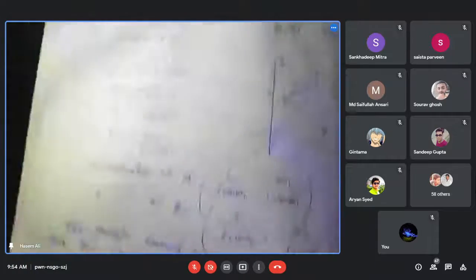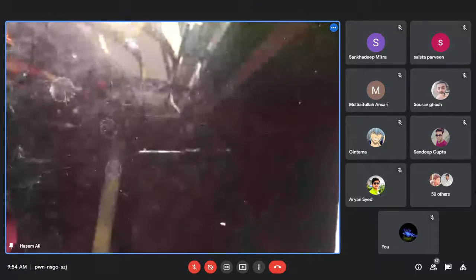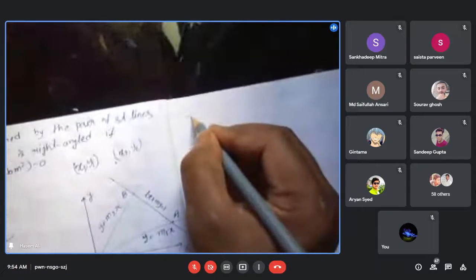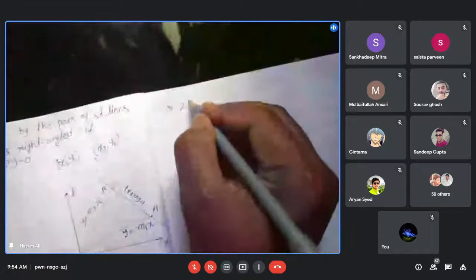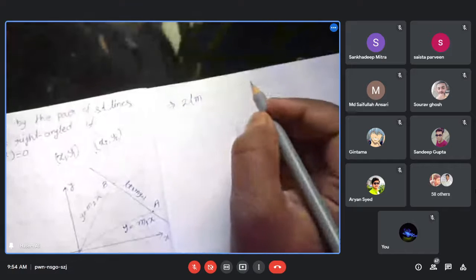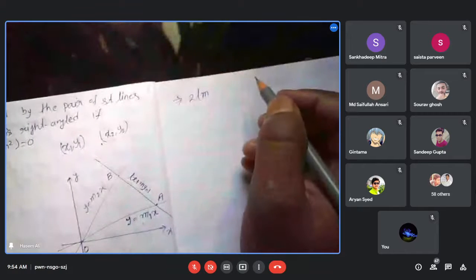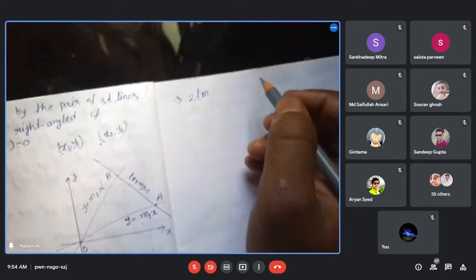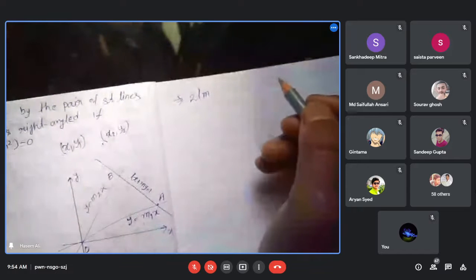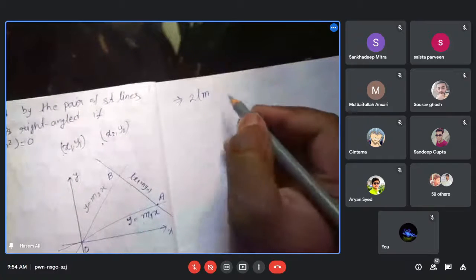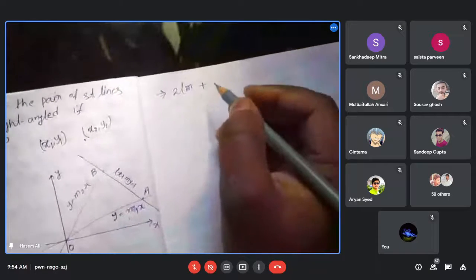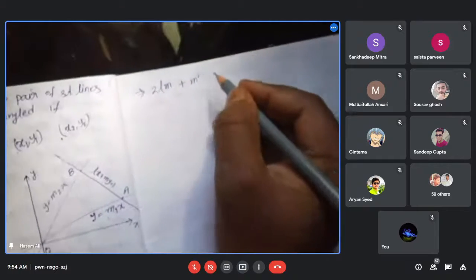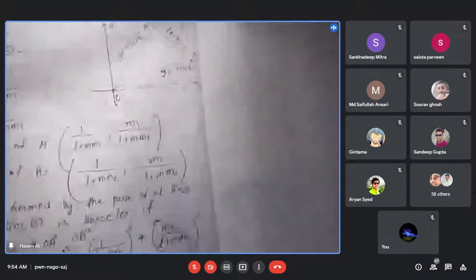So we can write this 2L m plus m square into what is m1 plus m2.